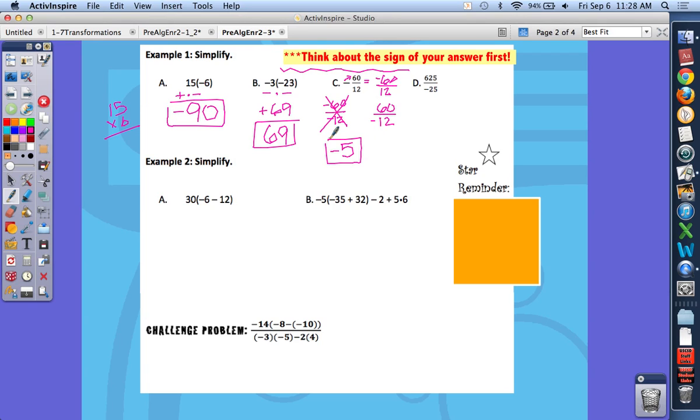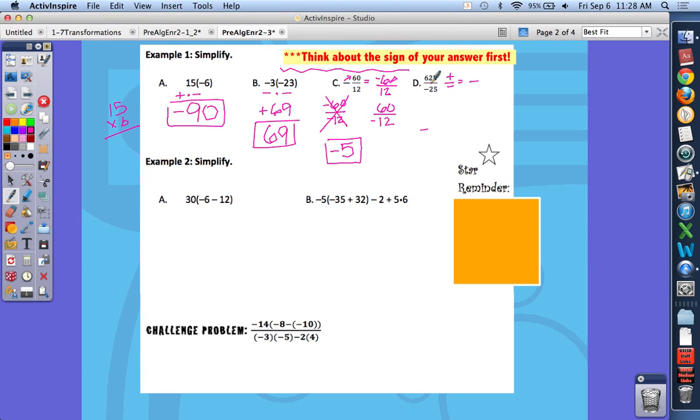What about this last one, D? Think about the signs first. 625 divided by negative 25. Some big numbers here. Well, what's a positive divided by a negative? A positive divided by a negative is going to end up giving you a negative. So we're going to have a negative answer. And then guess what? If you don't know this division, think of what else you can do with fractions. Maybe I don't know how many times 25 goes into the whole fraction.